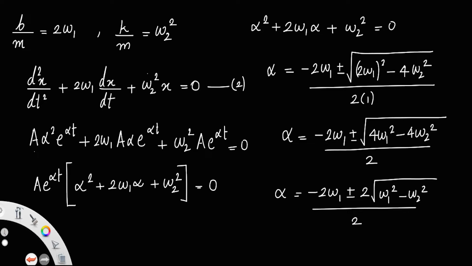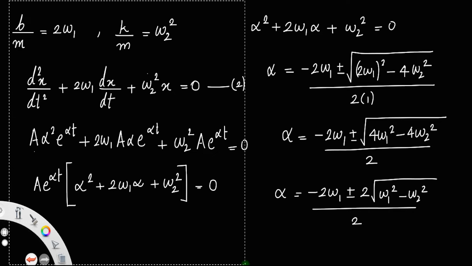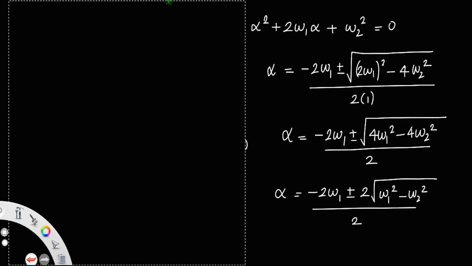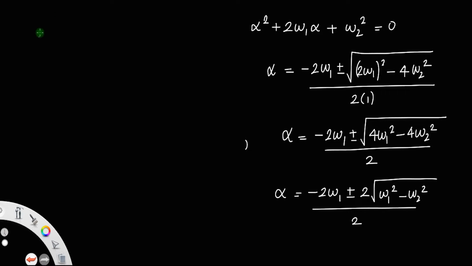So the final equation will be alpha is equal to, you can cancel all the 2's in here, therefore it will be minus omega 1 plus or minus root of omega 1 square minus omega 2 square.